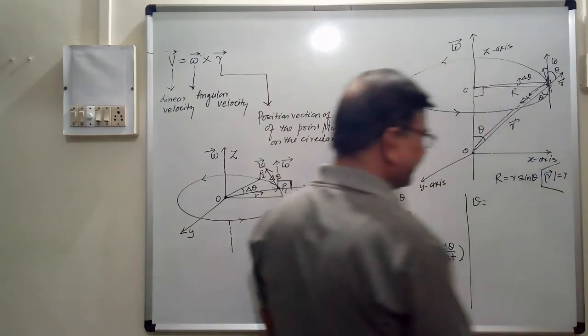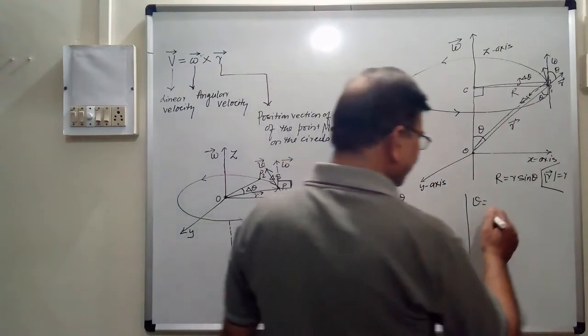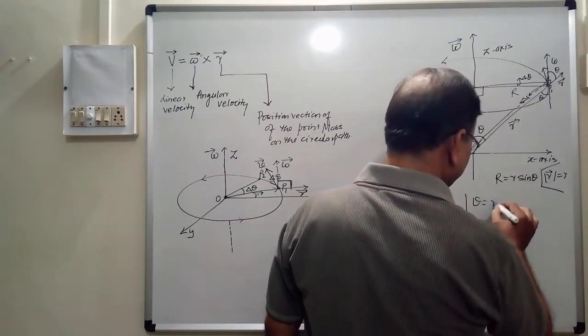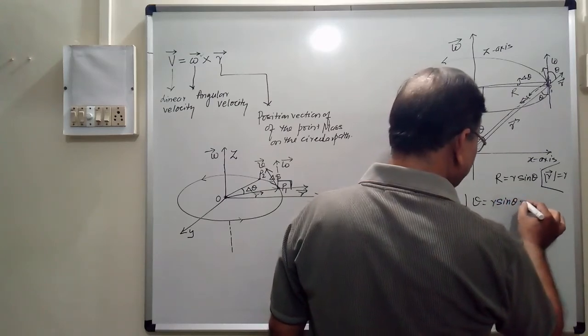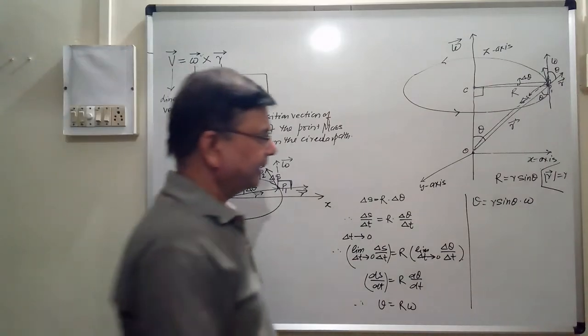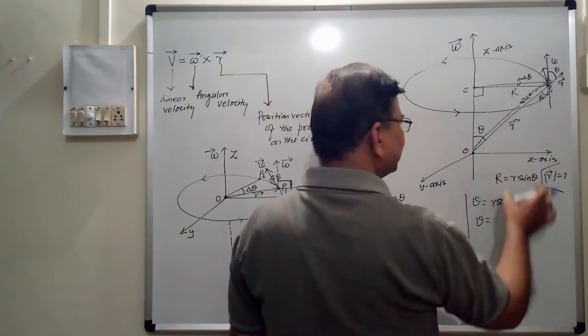In place of capital R, we can write r sine theta over here. So we will get v is equal to small r sine theta into omega. See, what is this? v is equal to r sine theta omega.